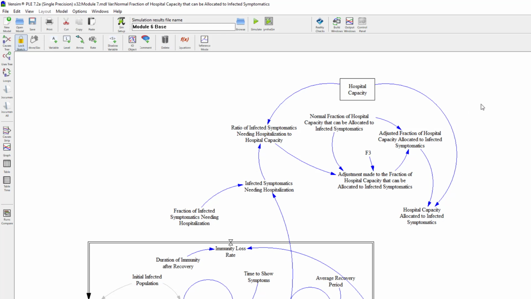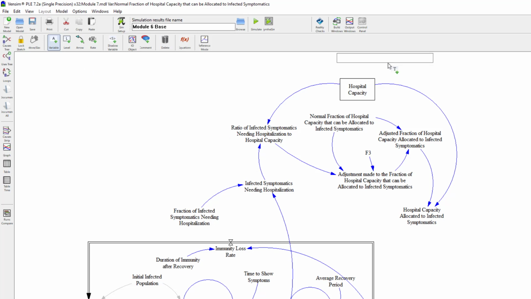First of all, we want to calculate the sustained capacity strain, and we want to embed the concept of information delay here. So we will use the smoothing formula that we learned in module 5.